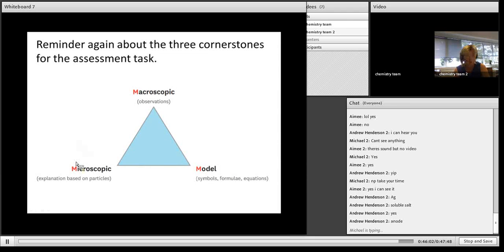The microscopic: talk about the cations, where they are migrating to, the cathode, the anode, and why, and so on, and what is happening, the reduction, the oxidation. So explain that in detail. And of course, always support your answers with the model or the symbols and the formulae and the equations. So your E-cell calculations, your balanced equations, your balanced half equations. And otherwise, that is it.